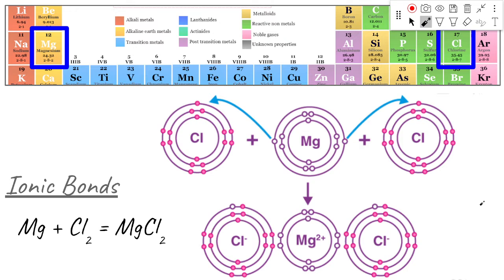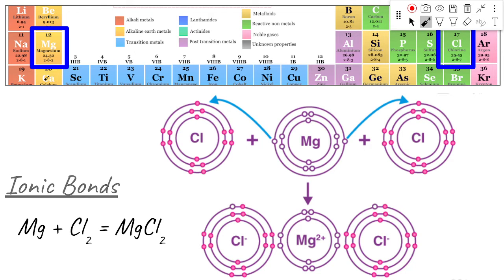Here's some more examples of ionic bonds. Up top, if I have magnesium and 2 chlorines, that will form an ionic bond. Let's go look at the periodic table. Here's sodium we talked about before. Right next to it is magnesium, and you remember that everything in the first column had 1 electron in the outer shell, and everything in the second column had 2 electrons in the outer shell.